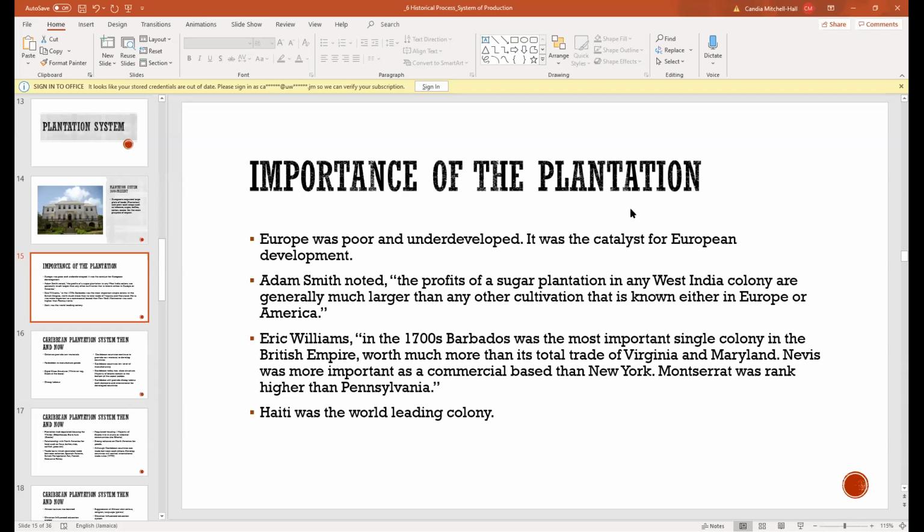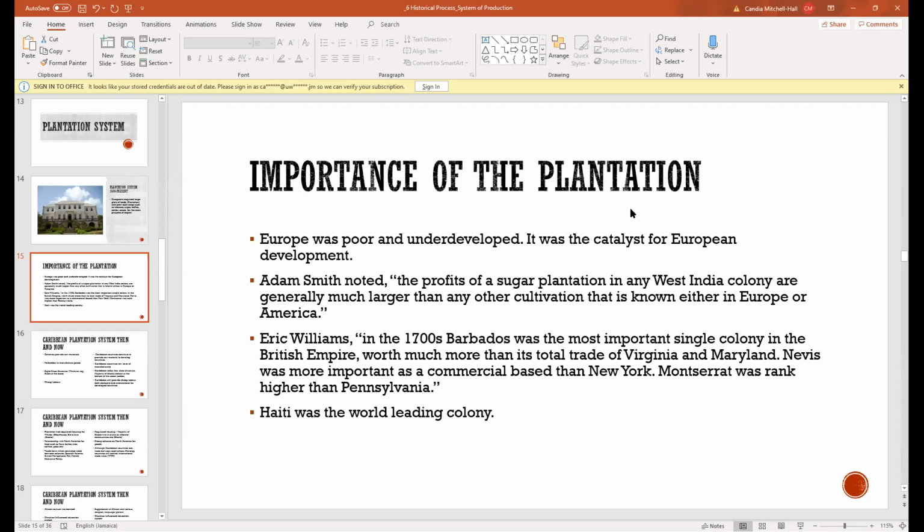Barbados was the most important single colony in the British Empire, worth much more than the total trade of Virginia and Maryland. And then he made another important point.